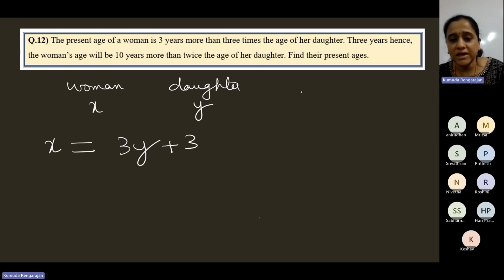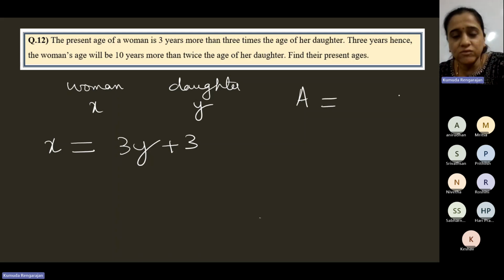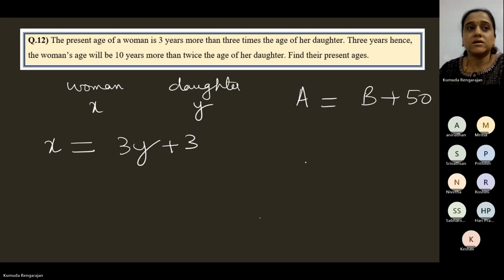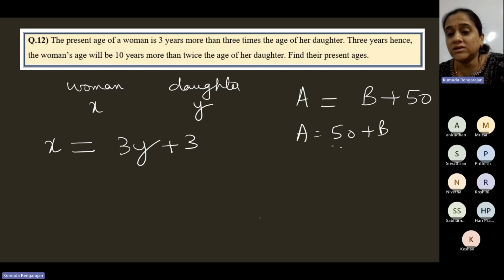If A says he wants 50 rupees more than B, whatever B has, you should write first, then 50. A is equal to 50 plus B is the same, but that meaning is not conveyed here.